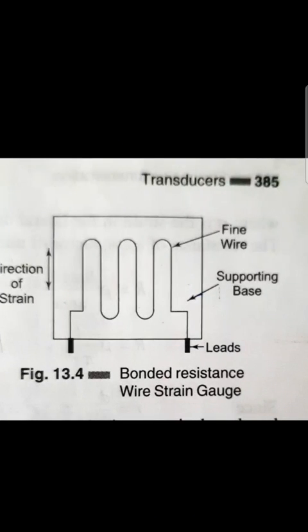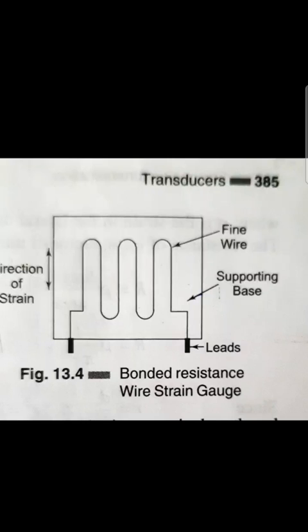R is equal to rho into L divided by A, where rho is the specific resistance of the material in ohm meter, L is the length of the conductor in meter, and A is the area of the conductor in square meter.